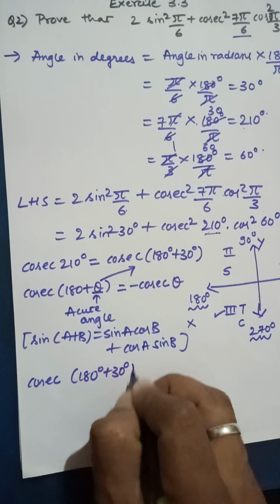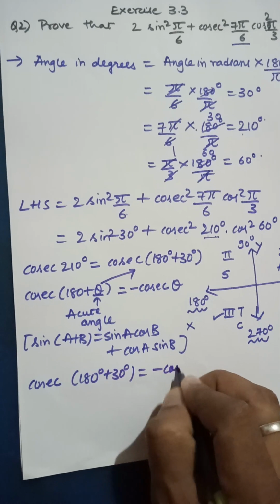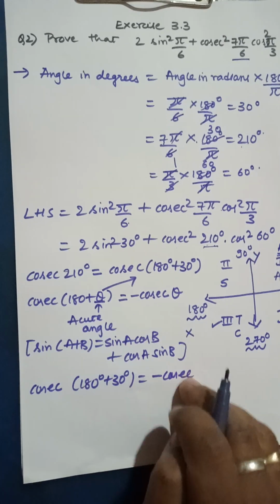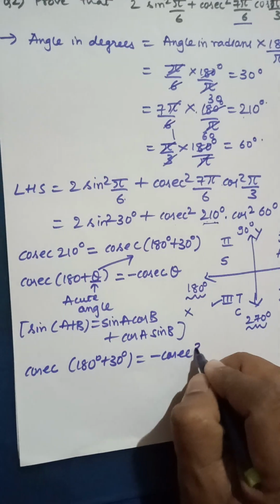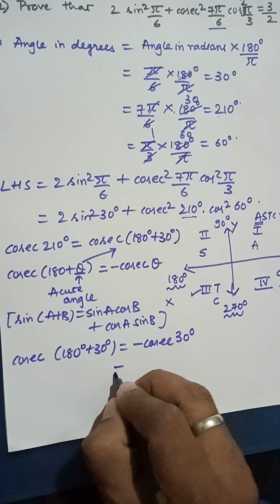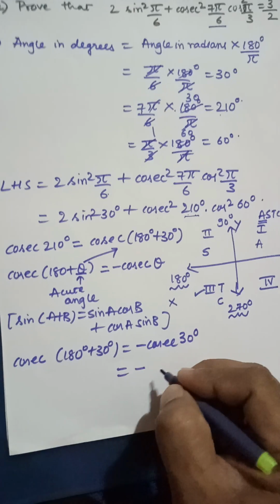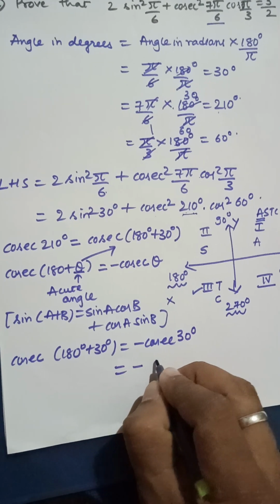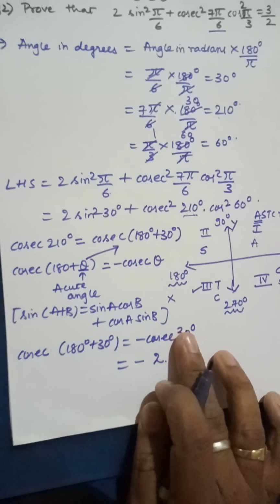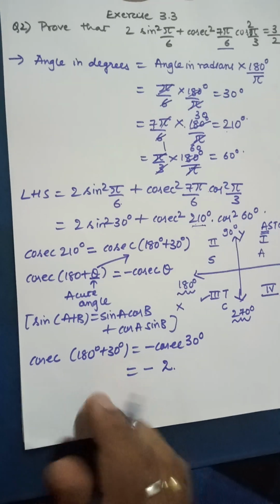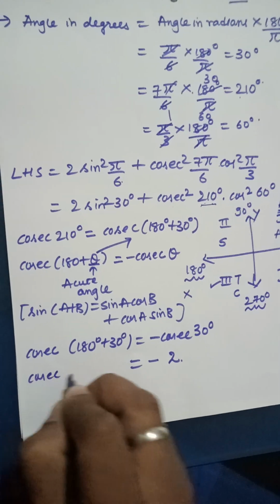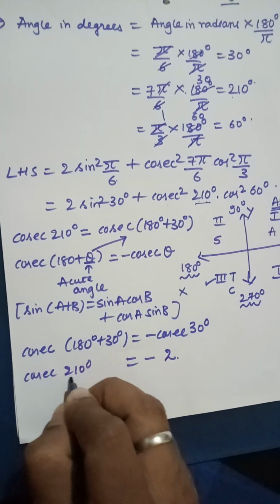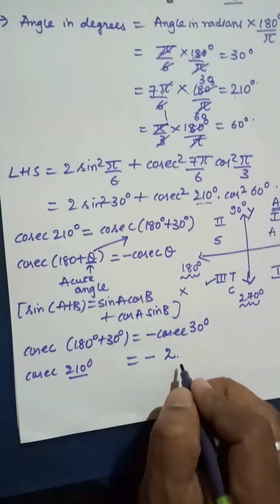So it can be written as minus cosecant 30 degrees. Cosecant 30 degrees is 1 by sine 30 degrees, which will be equal to 2. So what is the value of cosecant 210 degrees? It will be equal to minus 2.